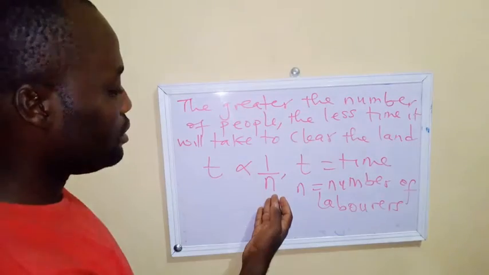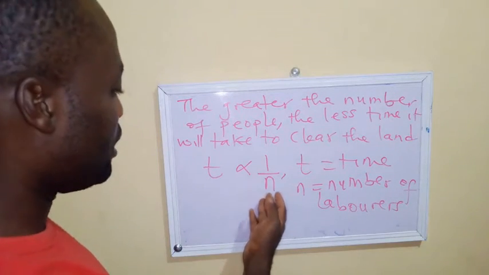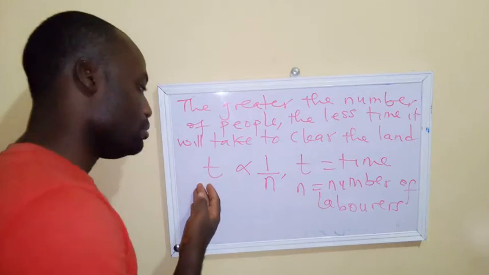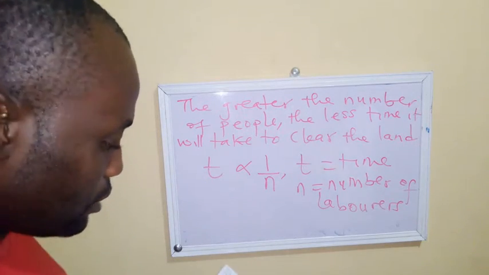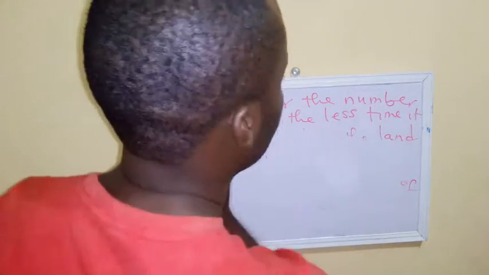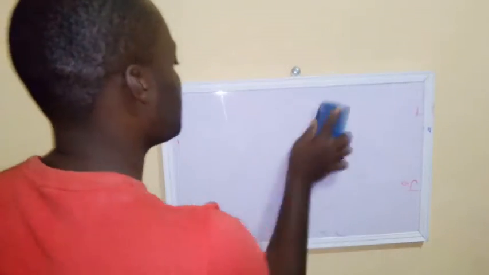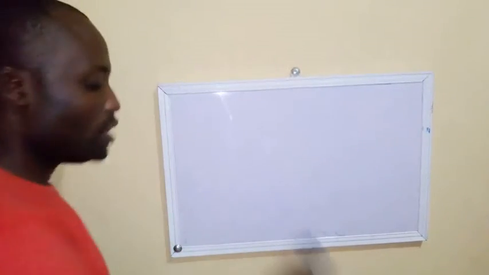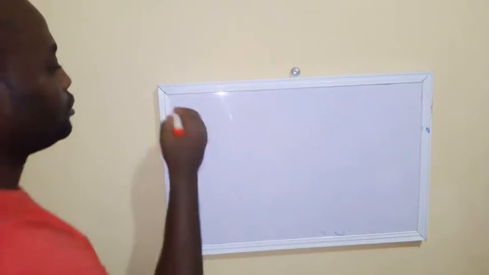And the lesser the number of laborers, the greater will be the time to clear the land. So we are going to look at one example to illustrate inverse variation.